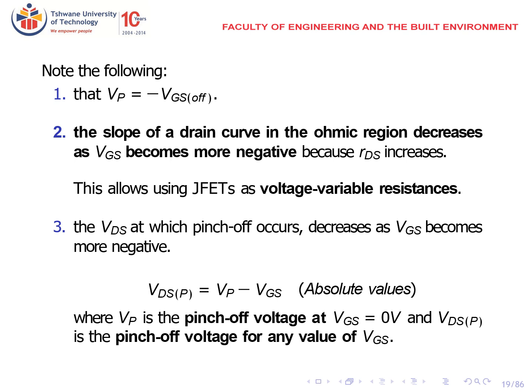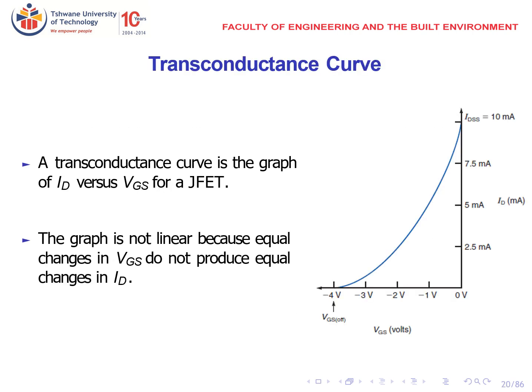This allows using the JFET as a voltage variable resistance. The VDS at which pinch-off occurs decreases as VGS becomes more negative. VDSP is equal to VP minus VGS, where VP is the pinch-off voltage at VGS equals 0 and VDSP is the pinch-off voltage for any value of VGS.